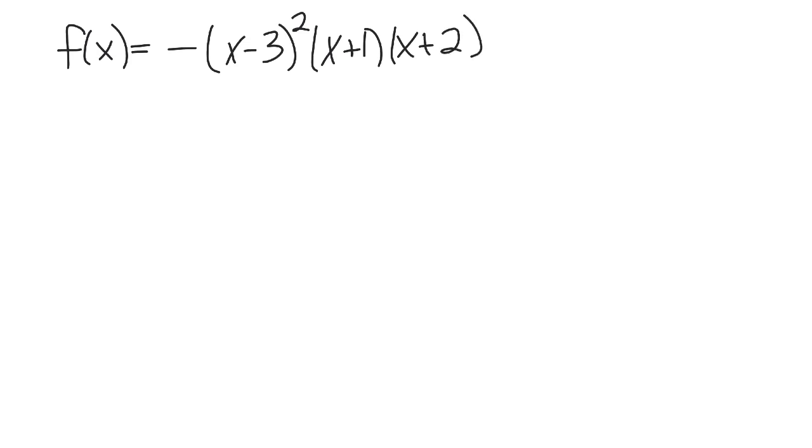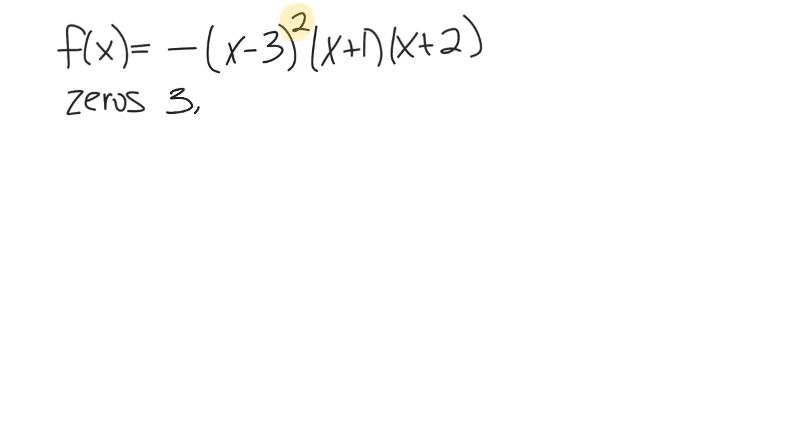So it's already factored, so we have to identify our zeros, or our x-intercepts. The zero for this one is going to be positive 3. This one's negative 1, and this one's negative 2. And we have a negative in front, so that makes it negative. So we have zeros of 3. 3 has a square on it.